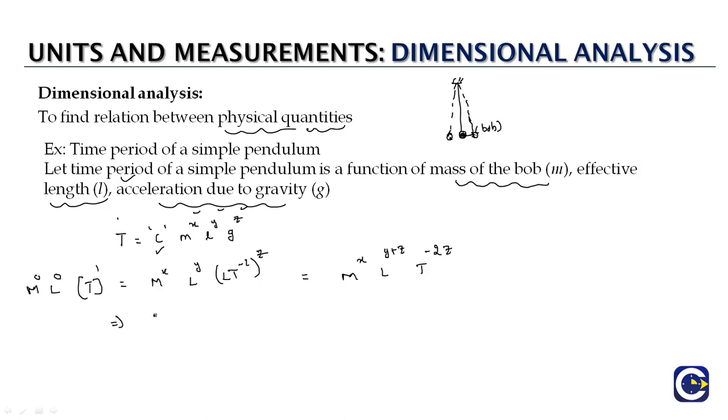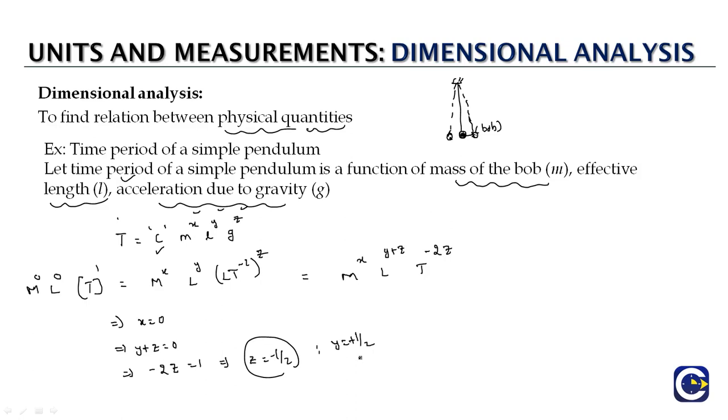So if we correlate the powers of M, L, T on both sides, we straight away have x equal to 0 and y plus z equal to 0. From the power of T we have minus 2z equal to 1, which means z is equal to minus half. If z is equal to minus half, since y plus z is equal to 0, y will be equal to plus half.